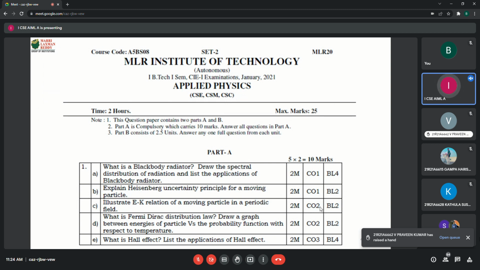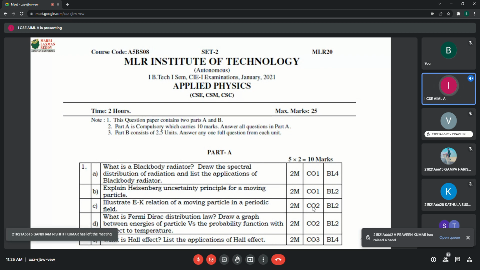That is also an E-K graph. The E-K relation is different from the E-K graph. Don't get confused. Check whether the answer belongs to unit 2 or unit 3. If it is given under unit 2, you have to write about the Kronig-Penney model.